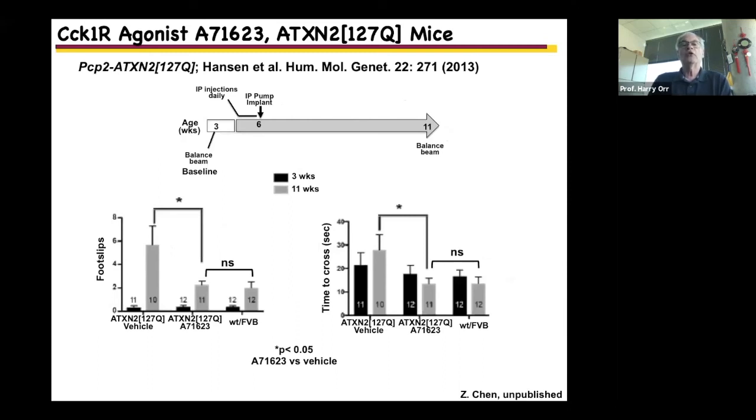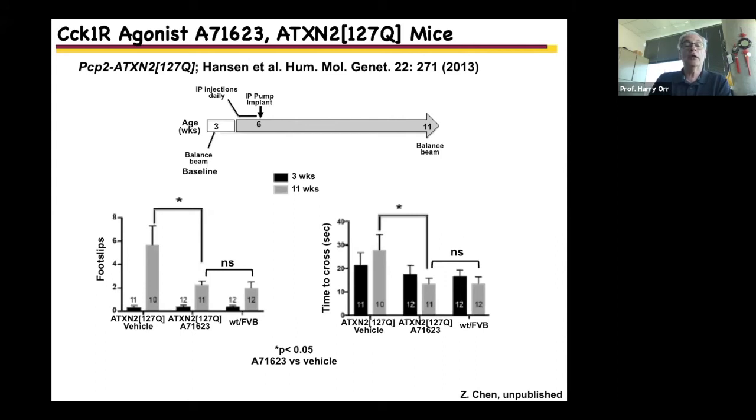Next, we moved on to another SCA model, the ataxin 2 127 glutamine transgenic animals generated in Stefan Pulst's lab. And in our hands, these animals only showed a balance beam phenotype. And the bottom line is that administration of the CCK1 agonist had the same protective effect on the motor performance in these animals as we saw in our SCA1 mouse models.